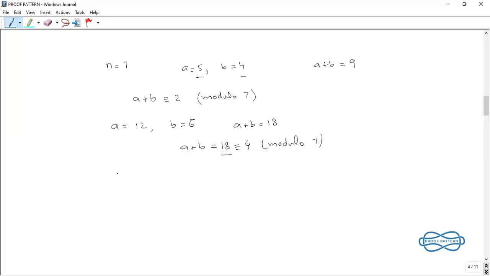And similarly, if we take a multiplied by b, that is 12 multiplied by 6, which is equal to 72, that will be congruent to 2 modulo 7, because the remainder of 72 when divided by 7 is 2. So now I hope we have understood the concept of addition modulo n and multiplication modulo n.